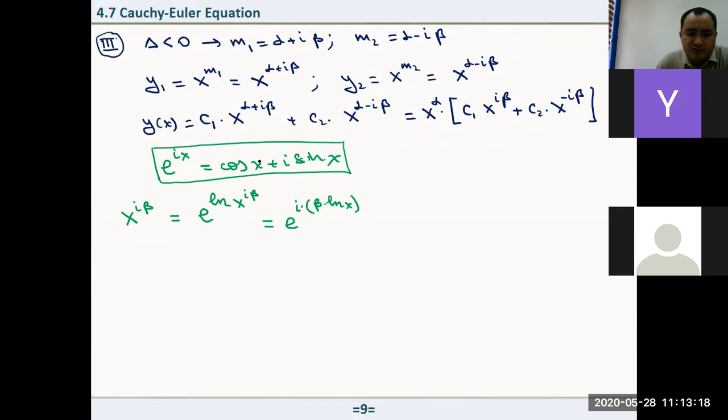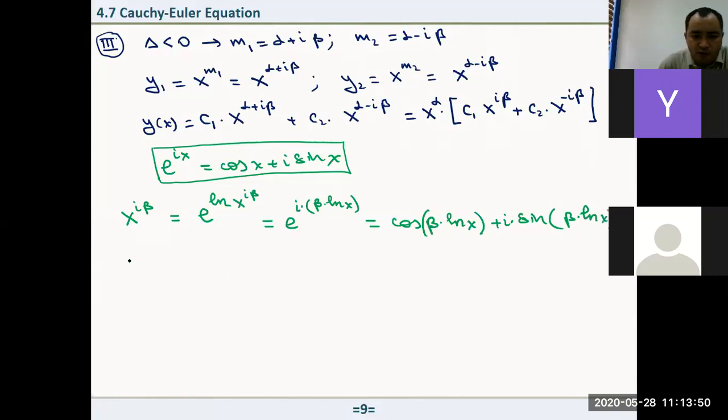If I just write this in terms of cosine and sine, here we will have cosine of beta times natural logarithm of x plus i sine of beta times natural logarithm of x.